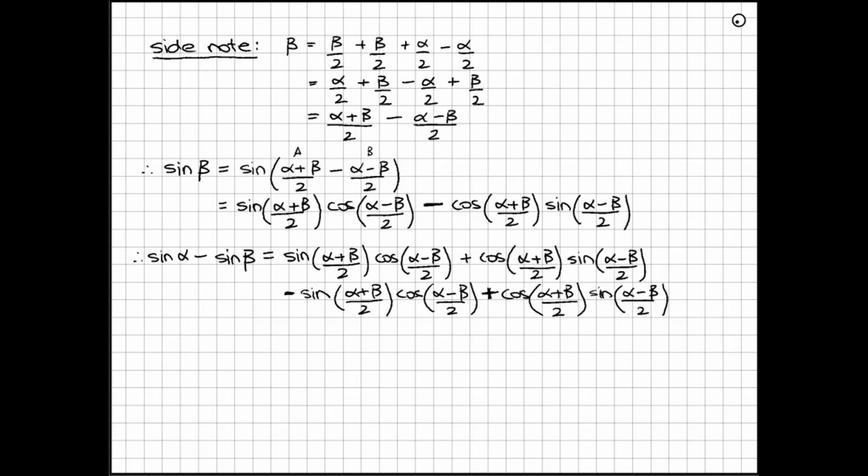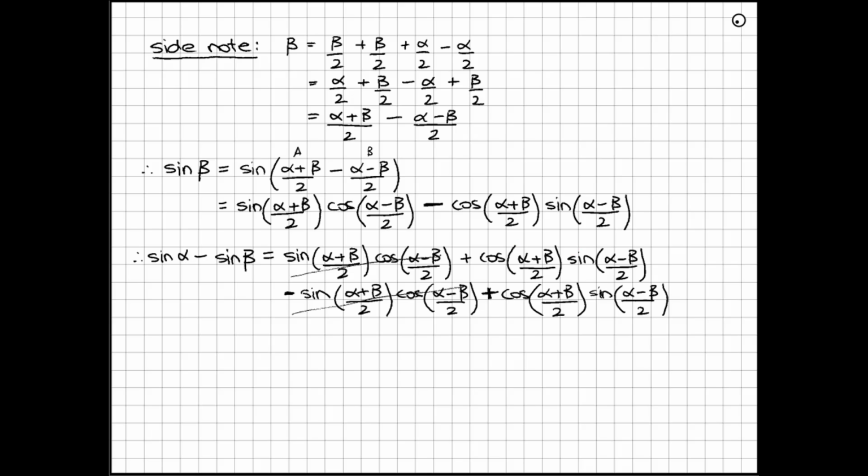Now from here we see that the sine alpha plus beta on 2 cosine alpha minus beta on 2 minus sine alpha plus beta on 2 cosine alpha minus beta on 2, those two will cancel each other out, and we're left with 2 of this second item, the cosine alpha plus beta on 2 sine alpha minus beta on 2.